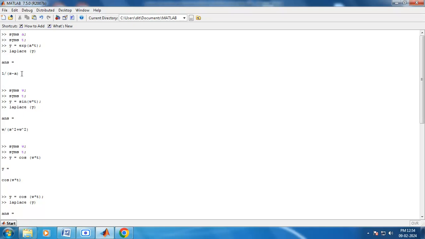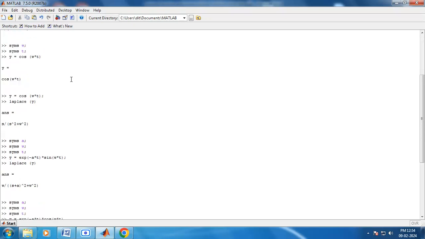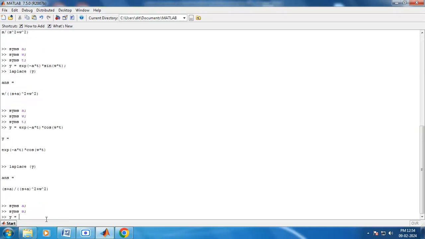The result of the inverse Laplace will be this function. We are just checking whether it is coming right or not, so we have taken this function.